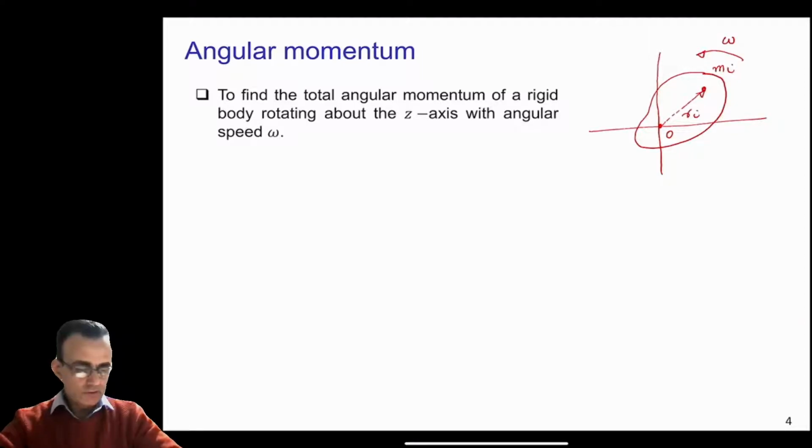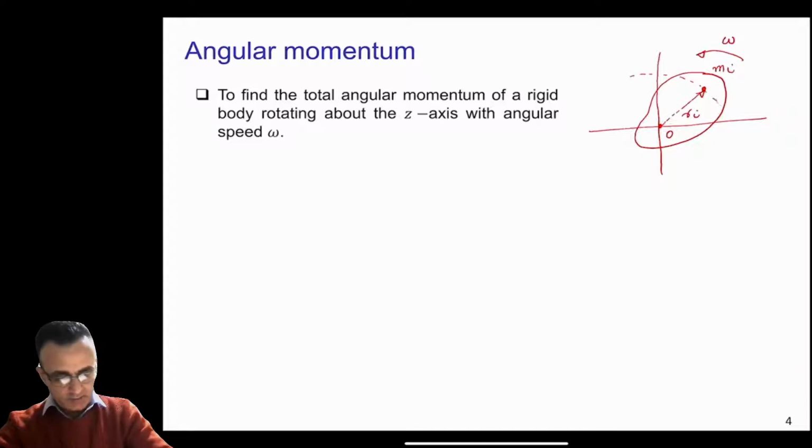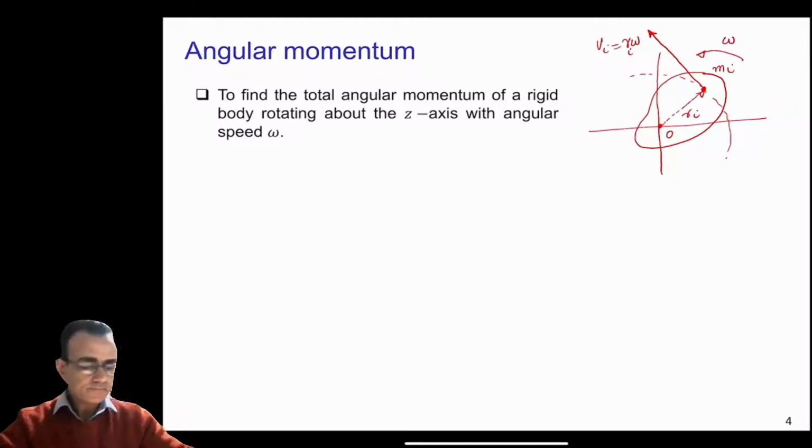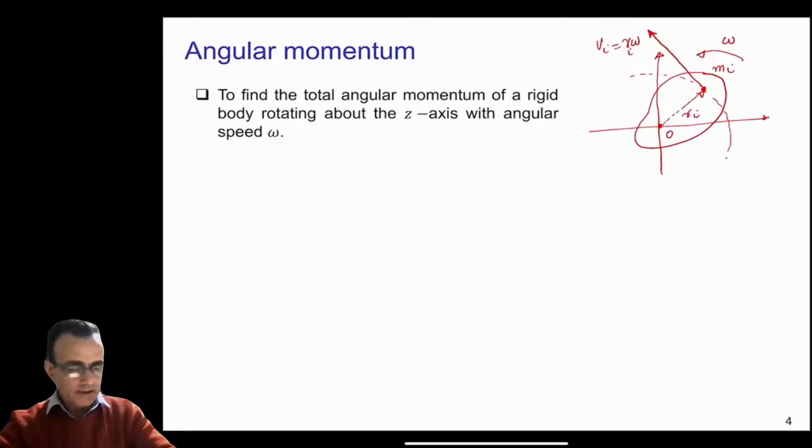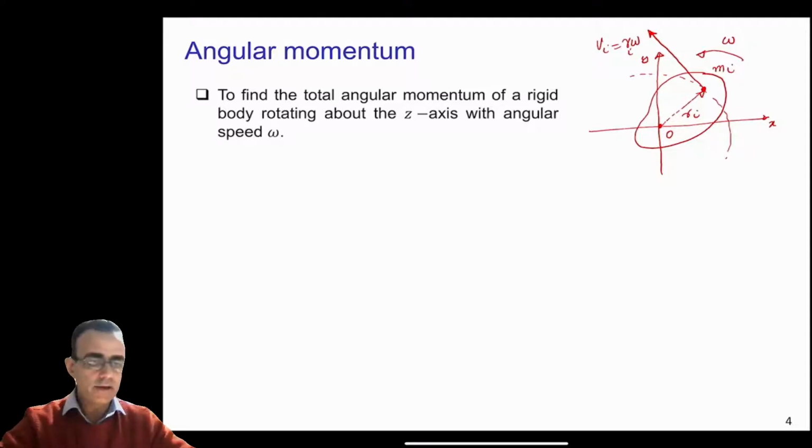We can calculate the velocity vi, which is ri omega, and this will be our x and y plane. This is our x and this is our y.